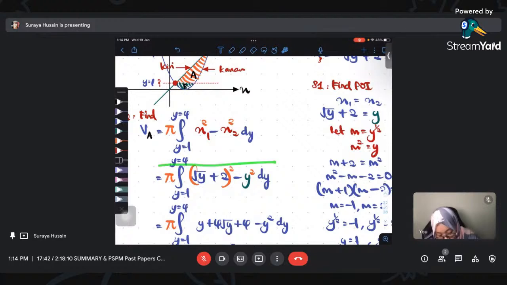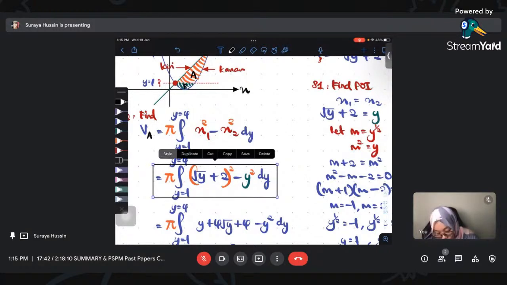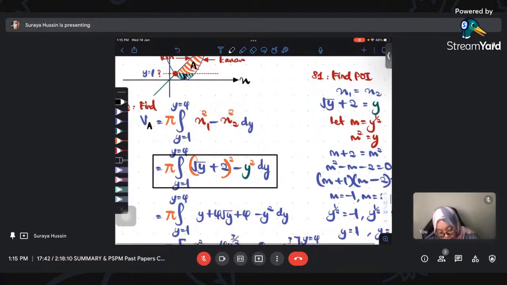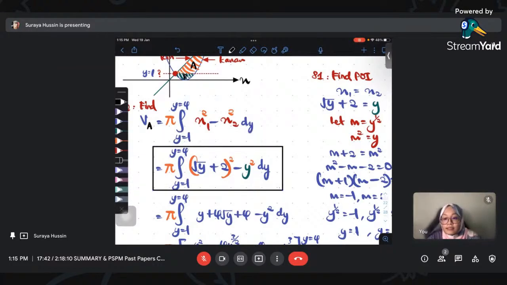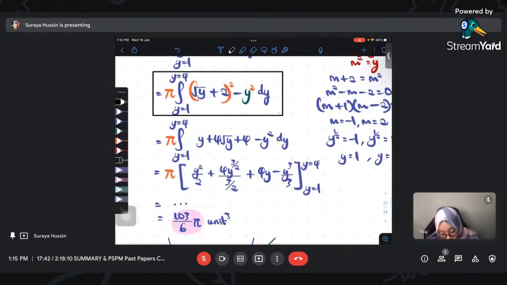Okay, and so this is the perfect integration that you must all get. Okay, you kena berjaya sampai sini. Kalau you berjaya sampai sini, maksudnya you memang power lah. Okay, after that you do the integration until you got the first region, the first answer.